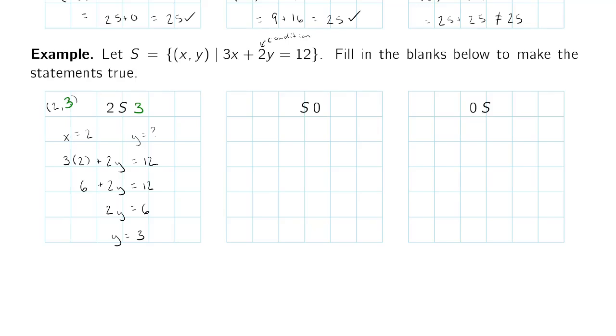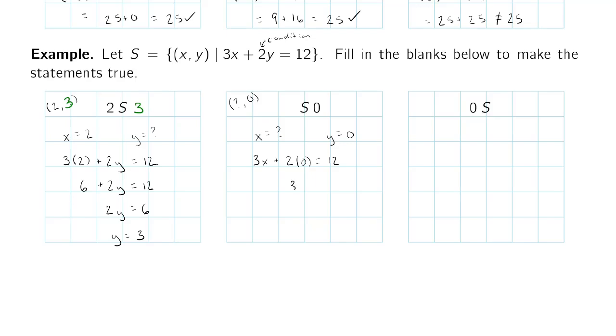We want to say what is related to 0. That's asking us about a pair something comma 0. So it's saying what is the value of x when y is 0? Again, we'll just plug that in. 3x plus 2 times 0 gives us 12. 2 times 0 is just 0.